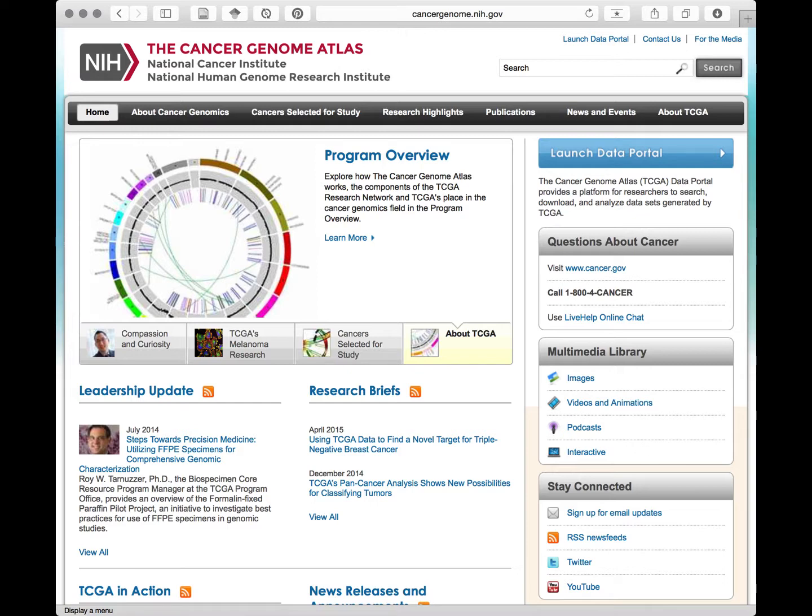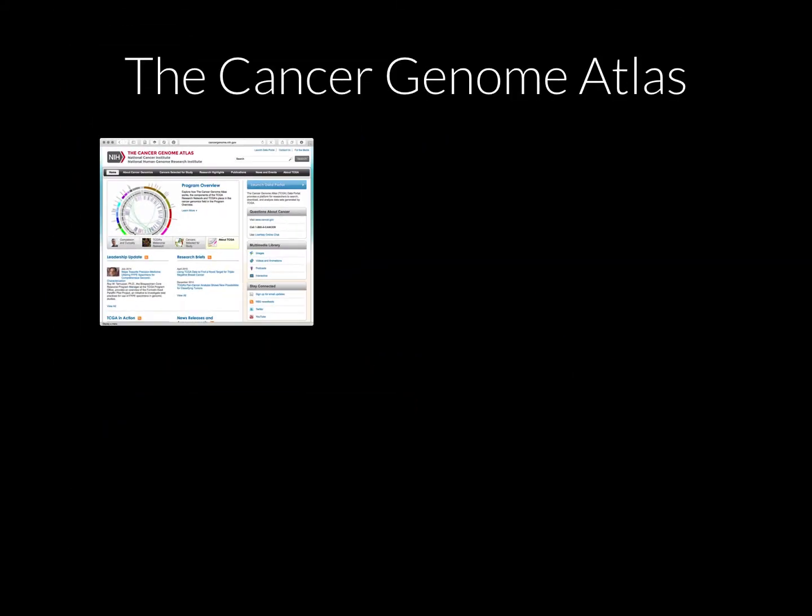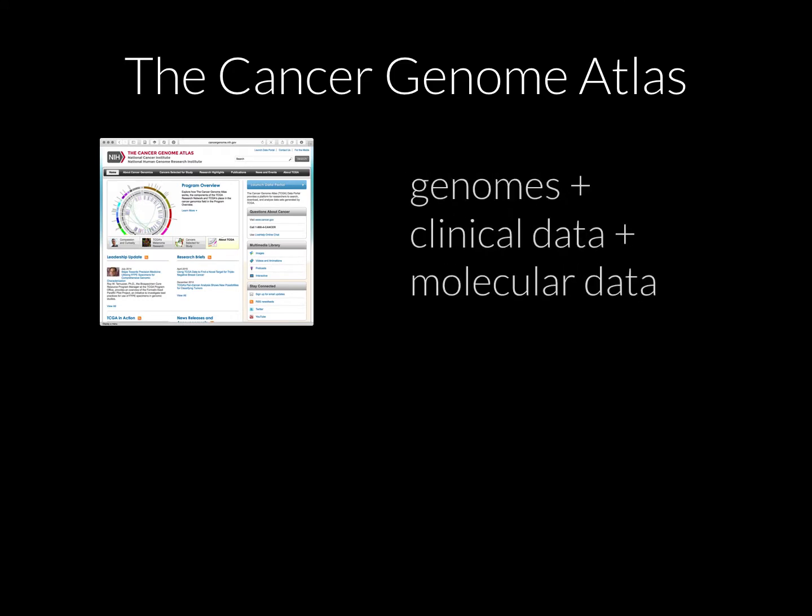The idea here was to collect genomic data from thousands of cancer patients to essentially come up with a molecular landscape of what is causing cancer, what kind of mutations are responsible for different types of cancers. The exciting part here is that in that project, they not only looked at genomes, they also collected clinical data and molecular data.